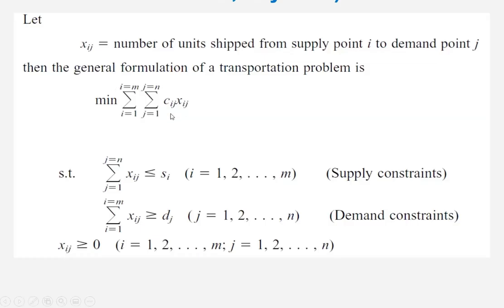That's why here we have two summations. We have two indices, I and J. And then here you see for each supplier, we want to ensure that the total amount supplied is less than or equal to the amount it can supply. For demand points, the total amount supplied is greater than or equal to the amount needed.